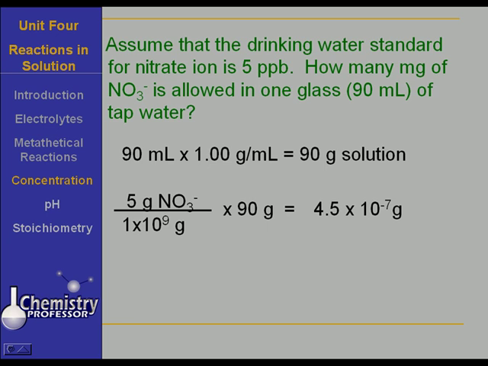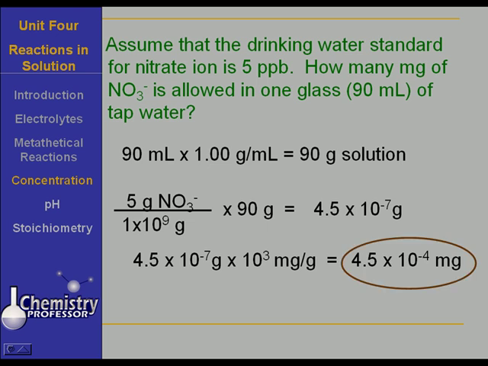We wanted to know how many milligrams. So we take the 4.5 times 10 to the negative 7th grams times 10 to the 3rd milligrams per gram and find that what we're dealing with is 4.5 times 10 to the negative 4th milligrams. A tiny amount indeed to make the maximum nitrate allowed in 1 glass of tap water.